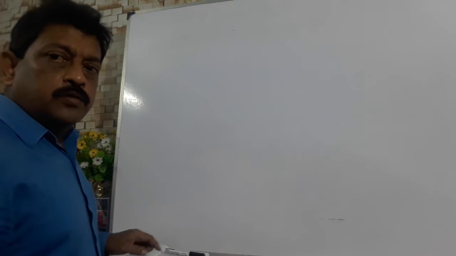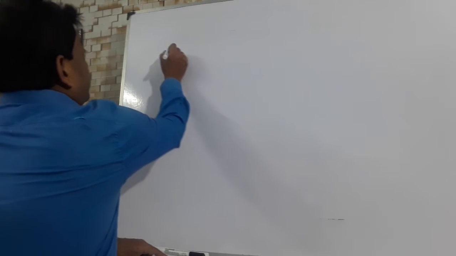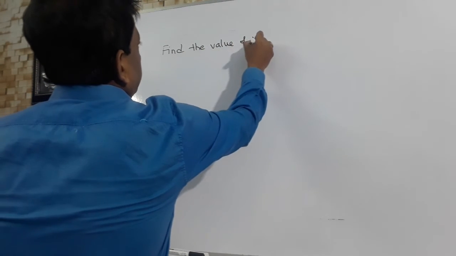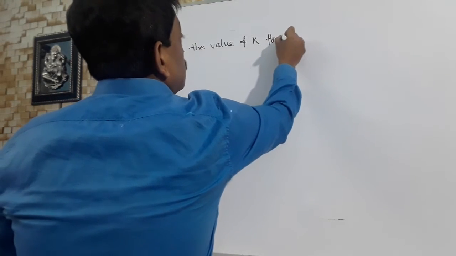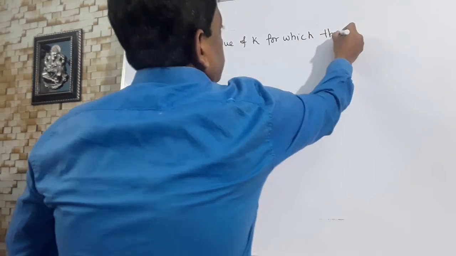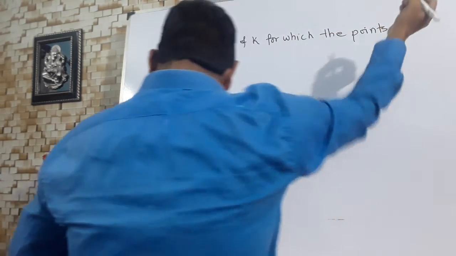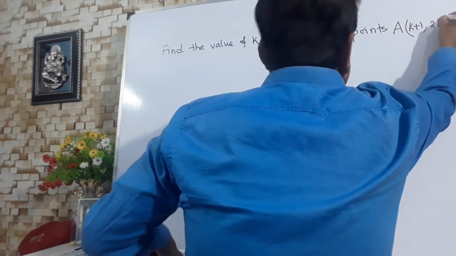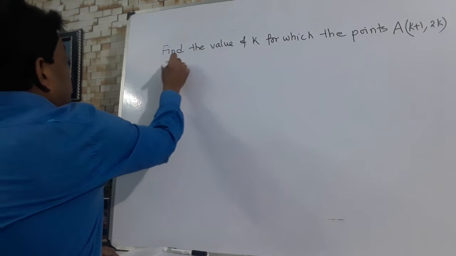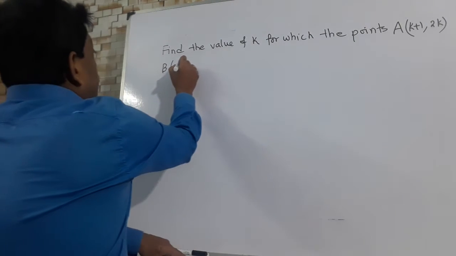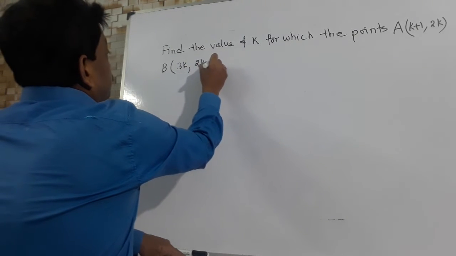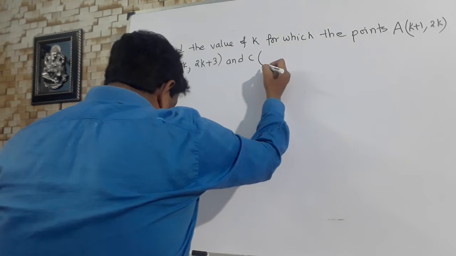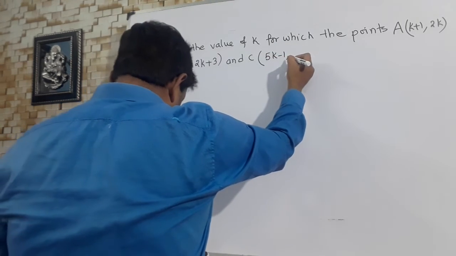Okay. Now here is the question. The question says, find the value of k for which the points A (k plus 1, 2k), B (3k, 2k plus 3), and C (5k minus 1, 5k) are collinear.